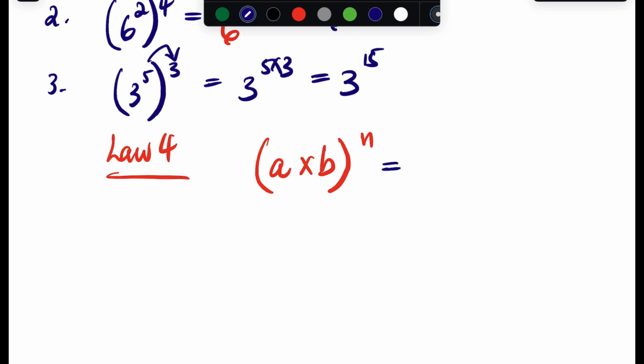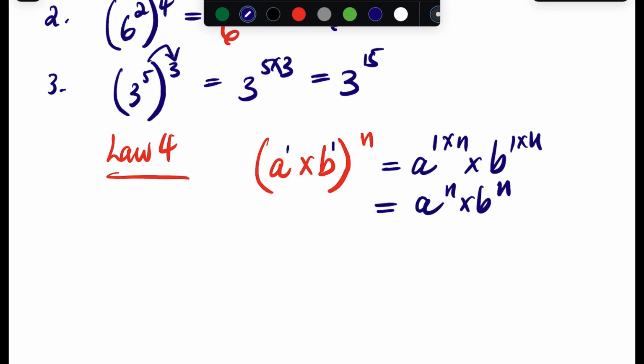Since you have the power of 1 there and the power of 1, you say a to the power 1, multiplied by n, and then you times b to the power 1, you multiply by this n. So it's going to be a to the power n multiplied by b to the power n. This only happens when there's a multiplication there. It doesn't happen if you have a negative or a positive there or a division there.